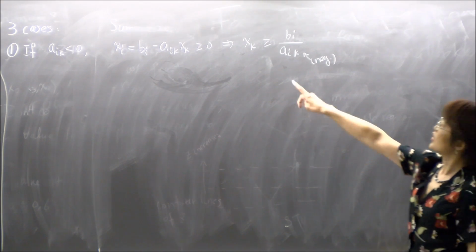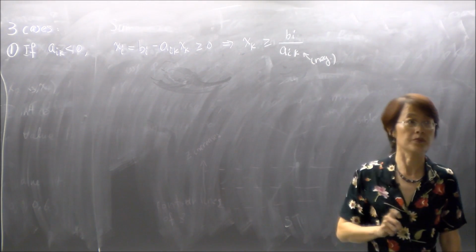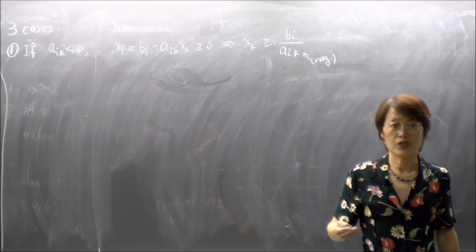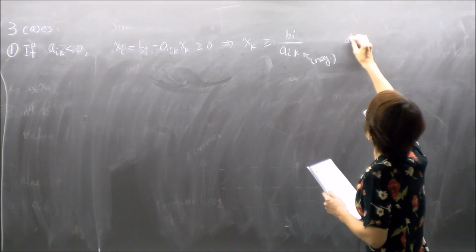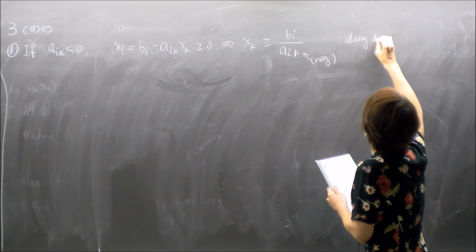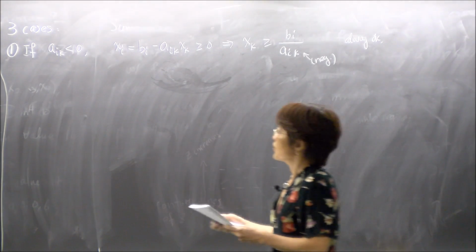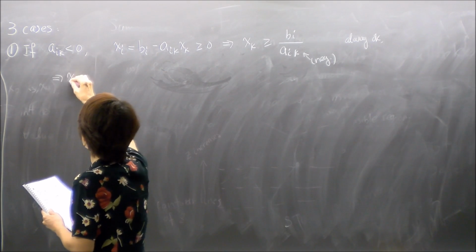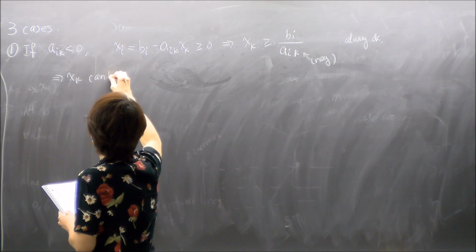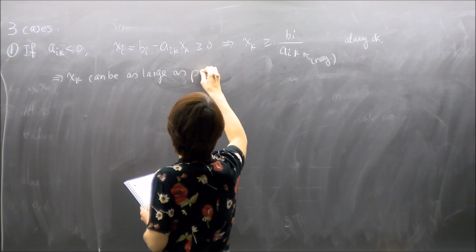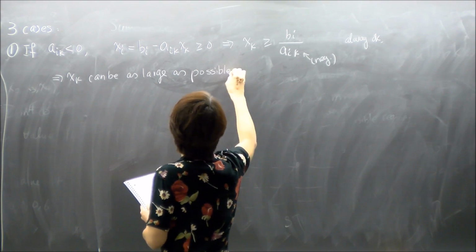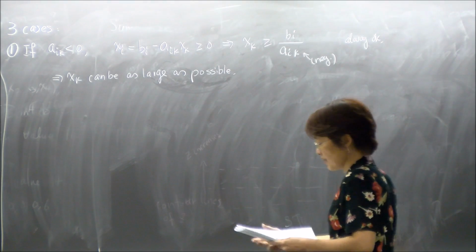It says xk shall be bigger than or equal to some possibly negative number, which is always okay because xk has to be non-negative. Is that right? So this is actually always okay. It doesn't give me any upper bound. Which means xk can be as large as possible, because I want to make it large, because that reduces my z value.